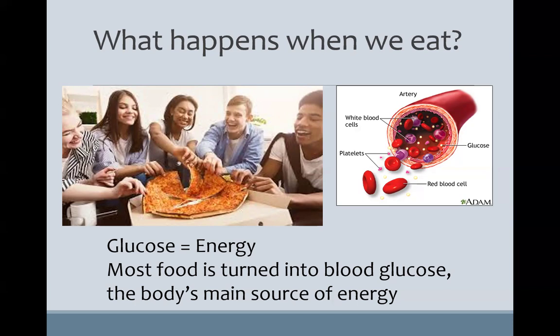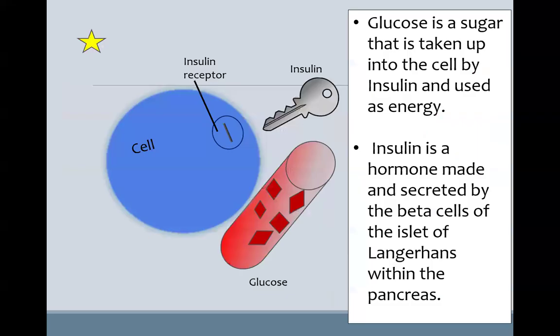The body takes glucose as its main form of energy. Most food is turned into what we call blood glucose, which the body takes as its main source of energy. But it has to get that glucose out of the blood and into the cells.